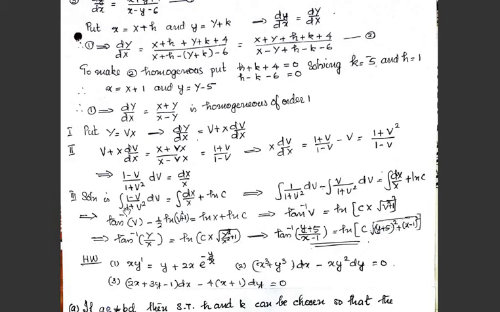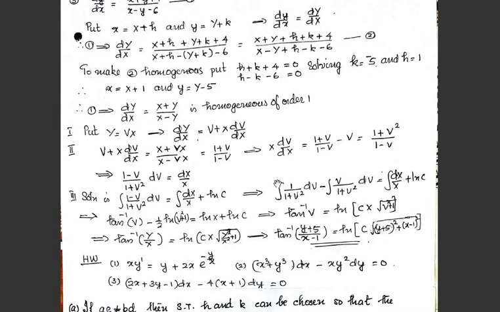So step 3 implies integrating. The solution is the integral of (1 minus v) by (1 plus v square) dv is equal to the integral of dX by X plus ln of c, which implies the integral of 1 divided by (1 plus v square) dv minus the integral of v divided by (1 plus v square) dv equal to the integral of dX by X plus ln of c.